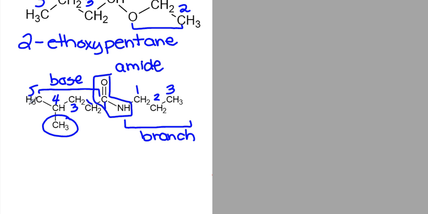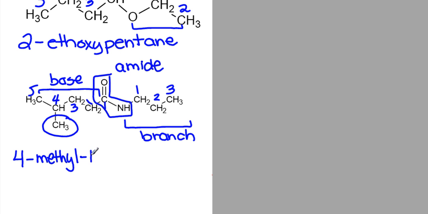Here we're using numbers to indicate it's attached to the base chain. Over here we're going to use N to indicate that it's attached to the nitrogen. So it will tell you the differences in the names here. So we're going to start. 4-methyl comes first. Then comes the branch attached to the nitrogen.